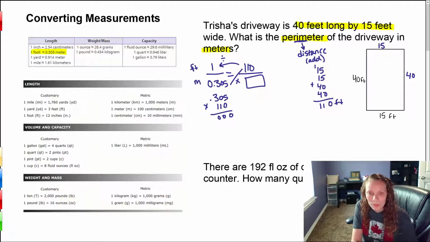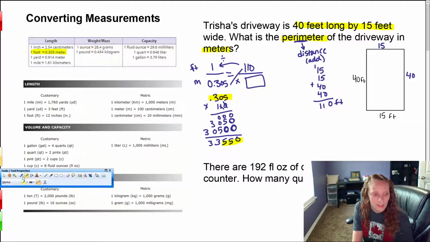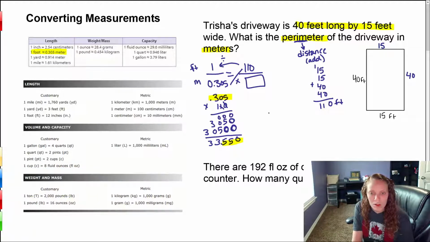0 times any number is 0. We're done with that one. We need to put a placeholder 0 here, and then 1 times any number is that number. Now that we're on to the third number, we're going to put 2 placeholders, and again, 1 times any number is that number. Let's add it up. Now I'm noticing there are 3 numbers after the decimal, so let's count over 1, 2, 3 and put our decimal where it belongs.